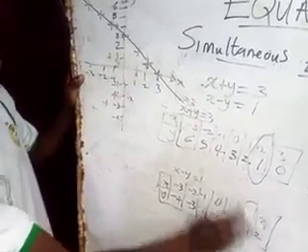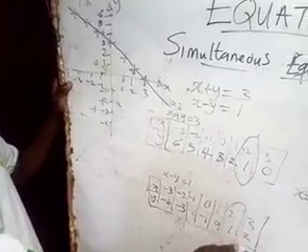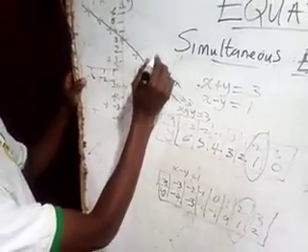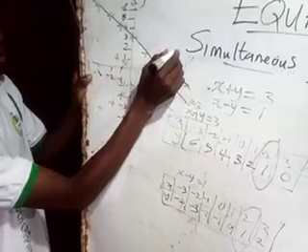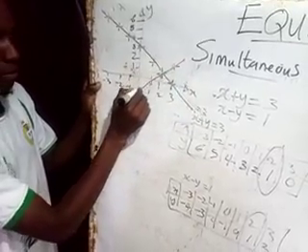When x equals 3, y equals 2, around here. So when you draw your line, you will notice it's coming like this.